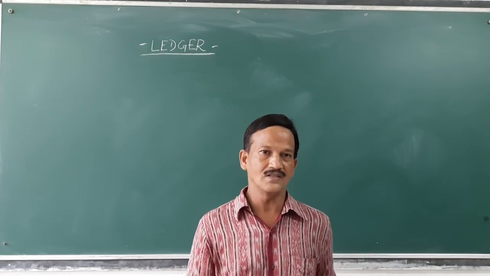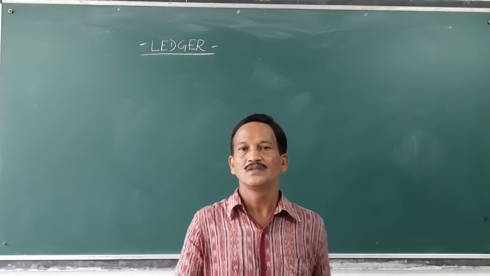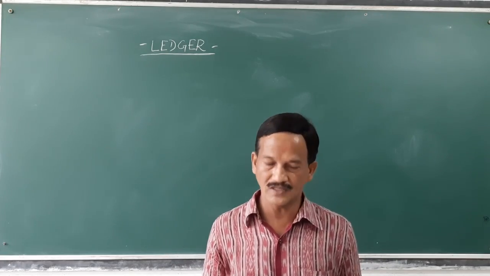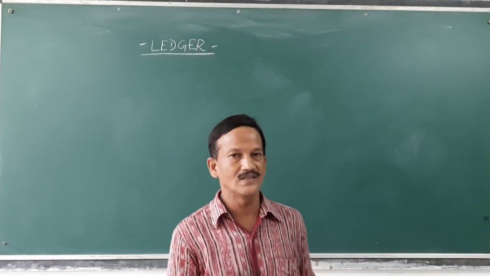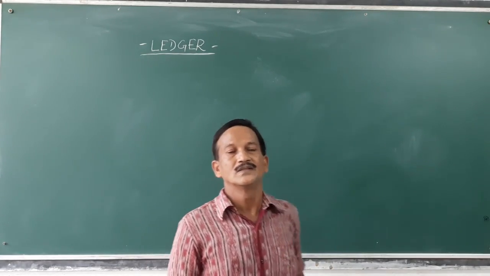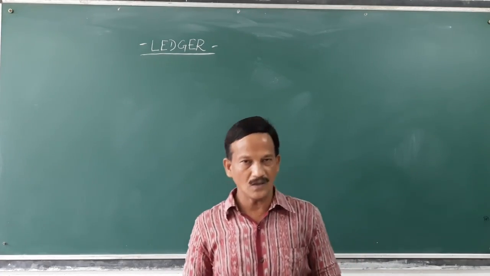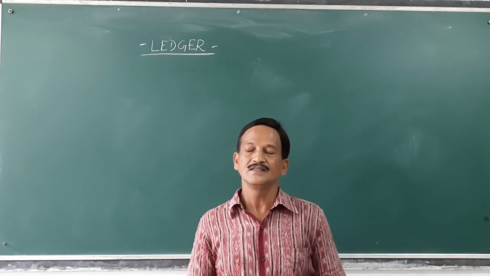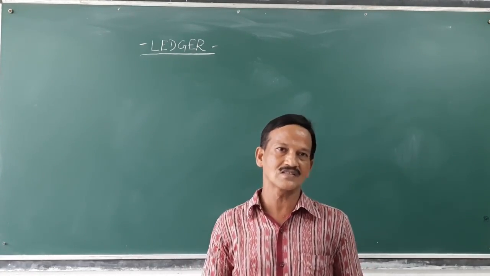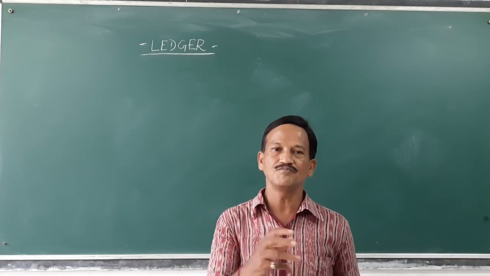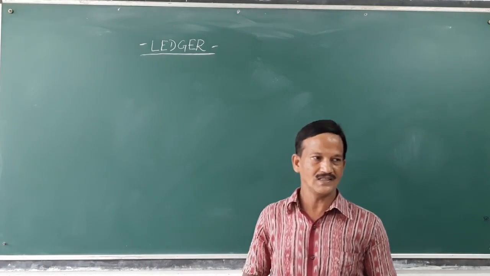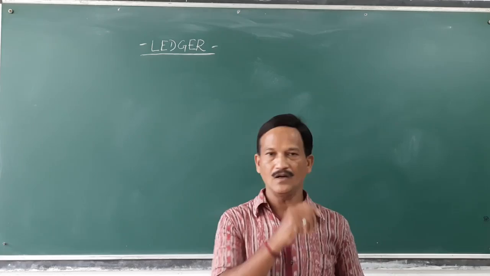So the ledger helps to solve those problems which we faced in the journal. In the ledger we are able to know the balance of each account and the sum total of the transactions that happened in a particular period or month, recorded in the particular ledger accounts.